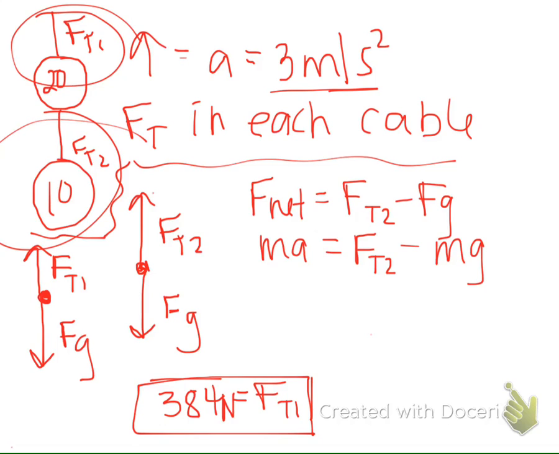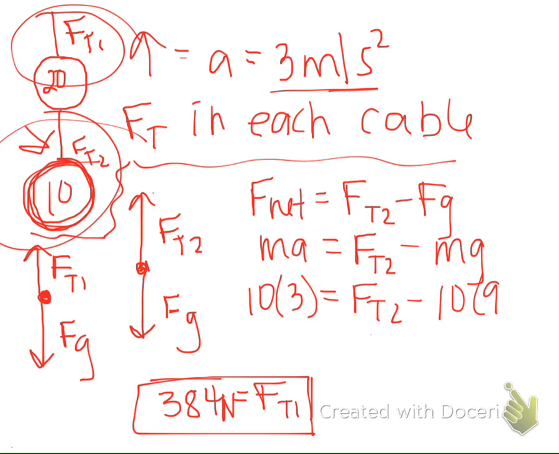For this second cable, what will our mass be? 10. We're only looking at this bottom part right here. So the only thing pulling down on this second cable is this right here. All right. So we have 10 times the acceleration, which is 3. Our tension minus 10 times 9.8.